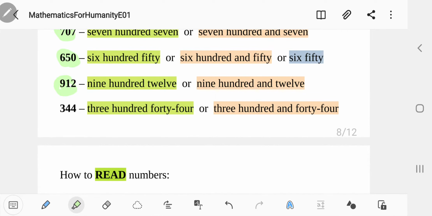This is 912, or en español 912. This one is 344, en español 344. Sa Bisaya, 3 upat kapulo ug upat.